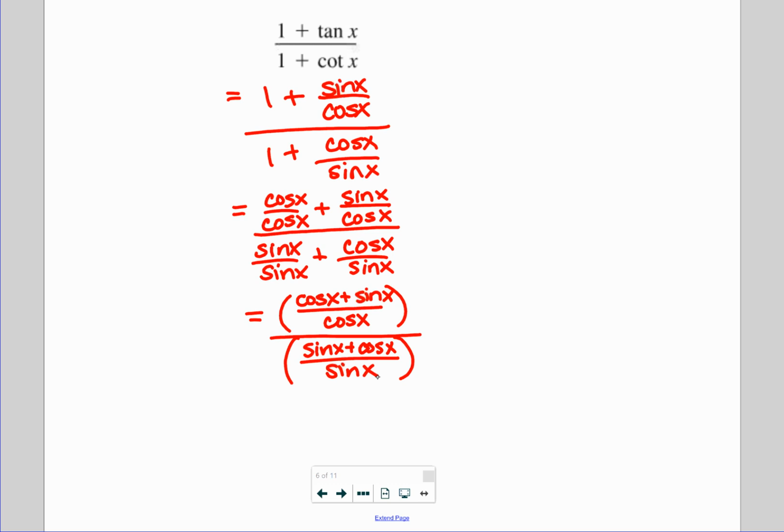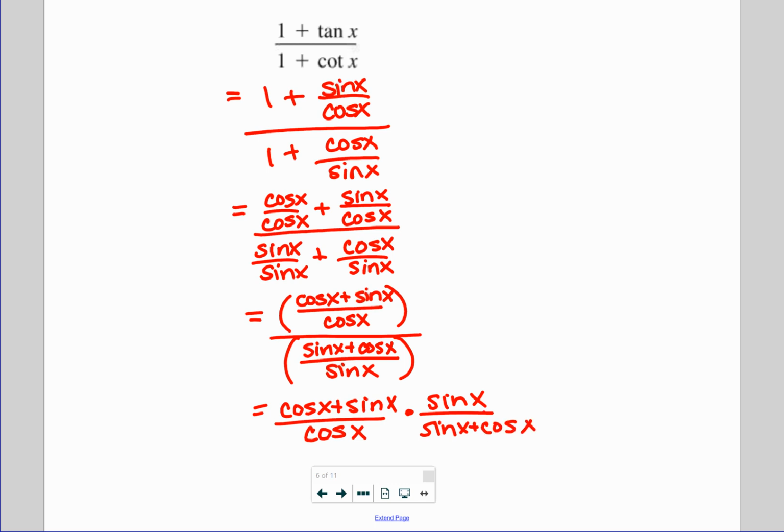Common denominator in the denominator was sine. I added them together. Now instead of dividing by a fraction, what do we do? Multiply by the reciprocal. Numerator is going to stay the same. Cosine plus sine over cosine, times, flip the denominator, sine over sine plus cosine.